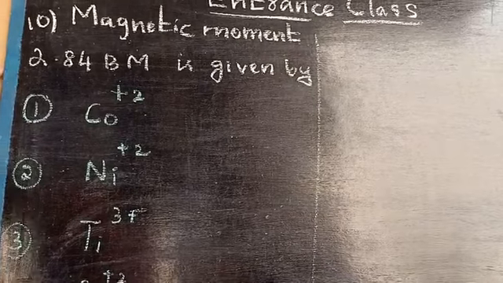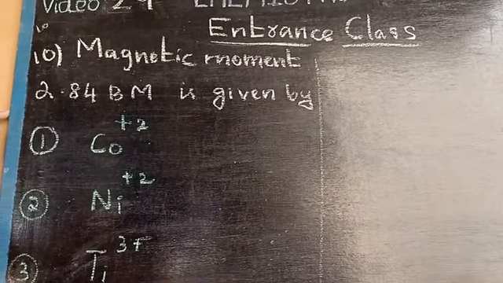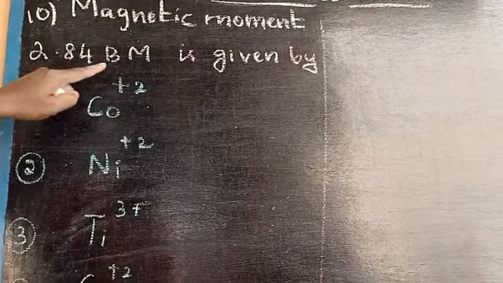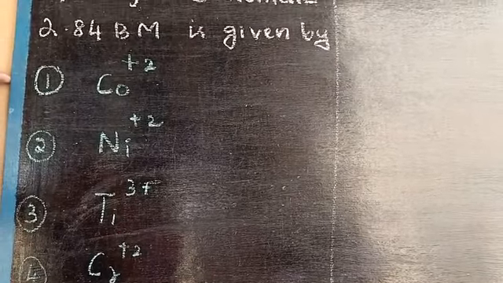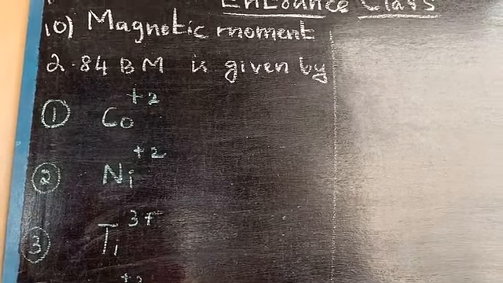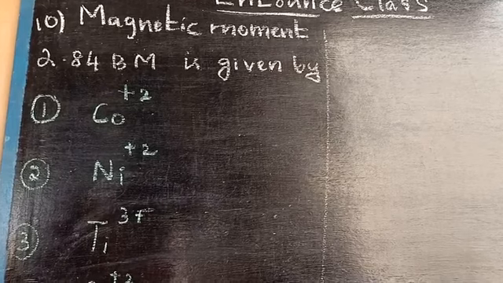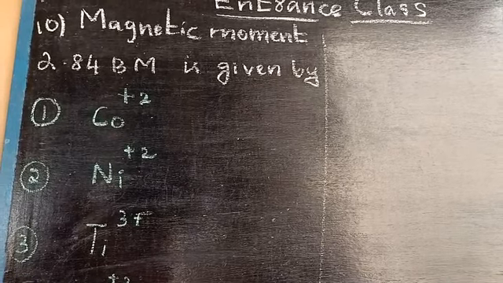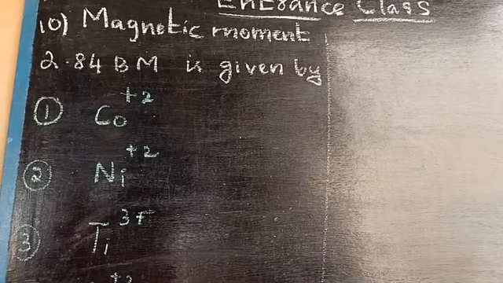Okay, next question, children. Magnetic moment 2.84 BM. Bohr magneton is given by... So four options are given. Read the question. Magnetic moment value is 2.84. So this 2.84 is relevant to which ionic state of a transition element?